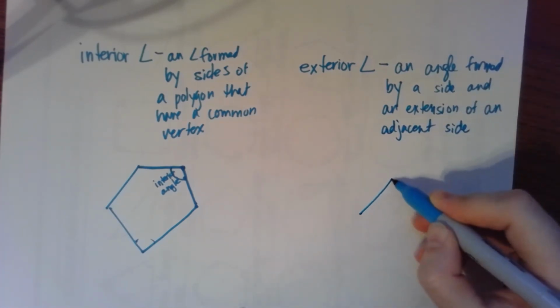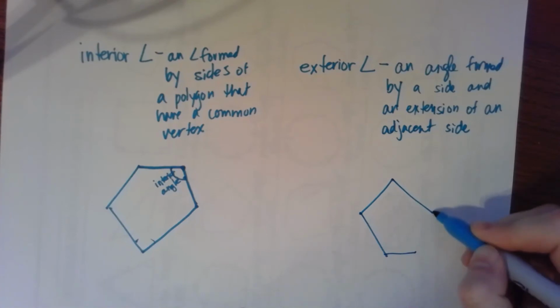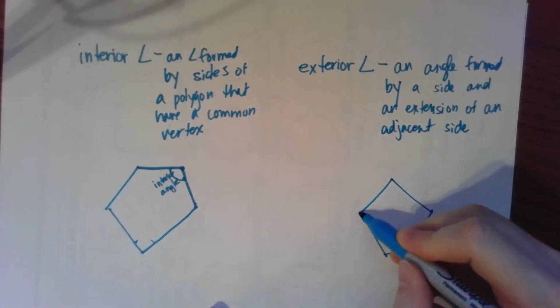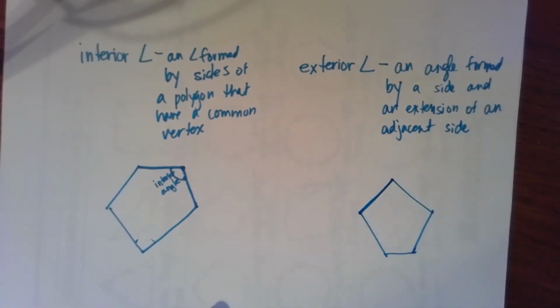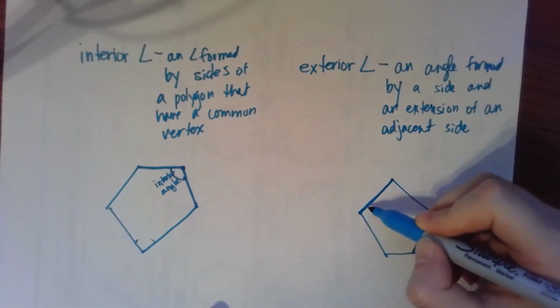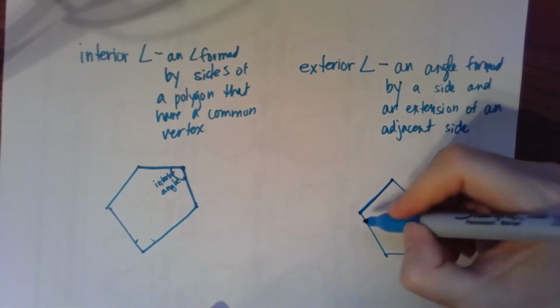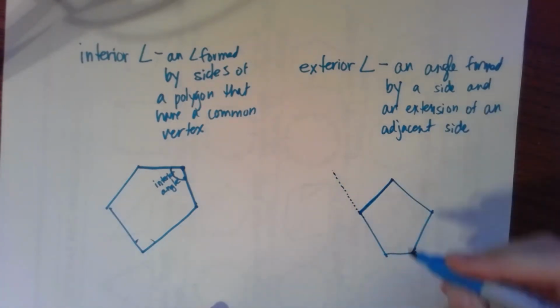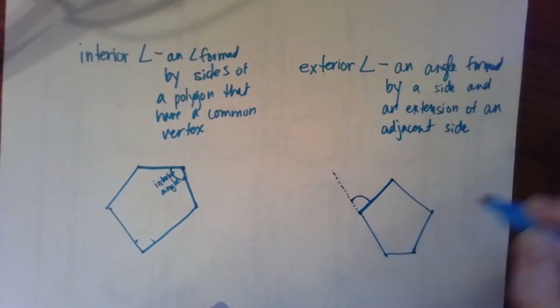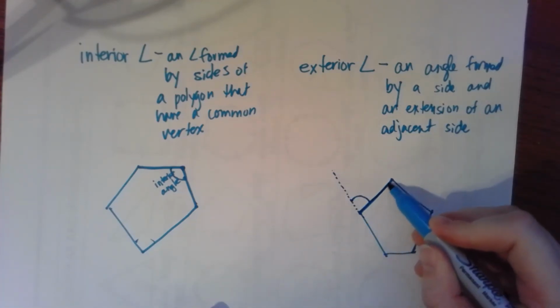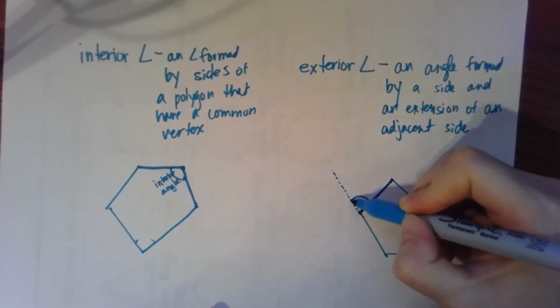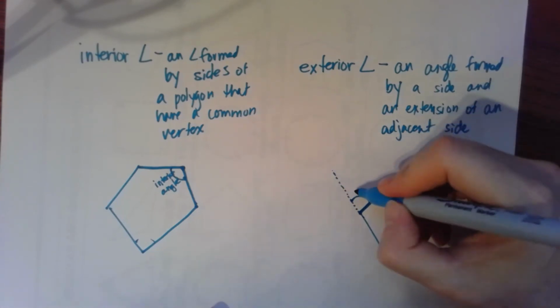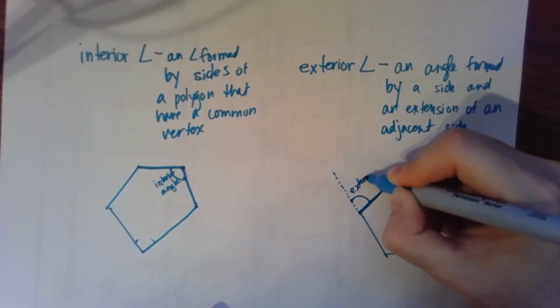So once again, let me draw. Okay, so here I have a side, and let me make the extension of an adjacent side. So I could take this adjacent side, and then I could extend it out this way. Okay, and then this angle out here made with the side itself and the extension of the adjacent side, this would be an exterior angle.